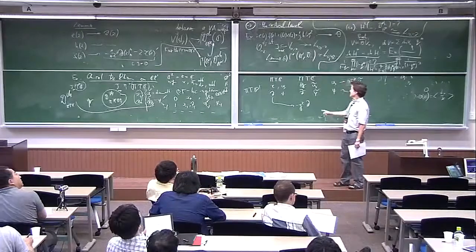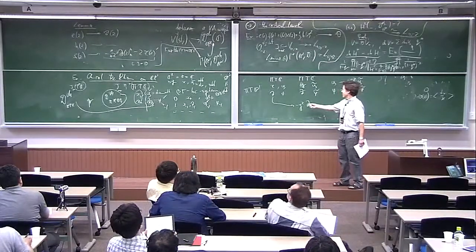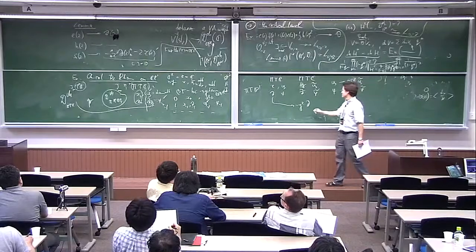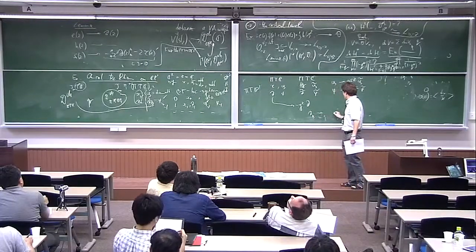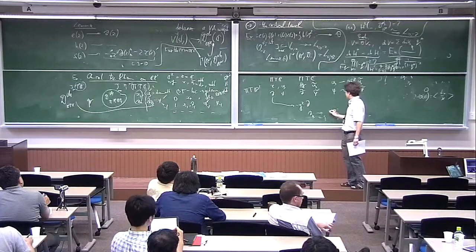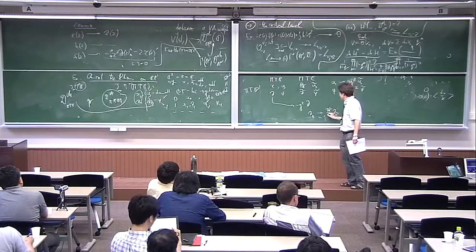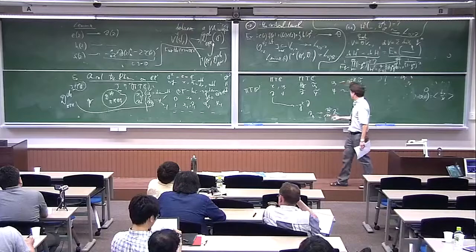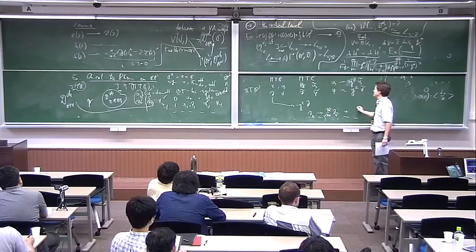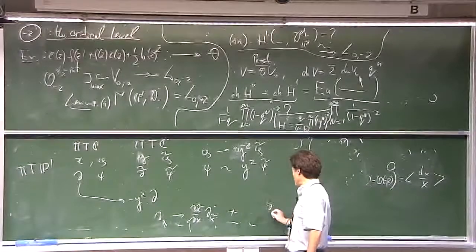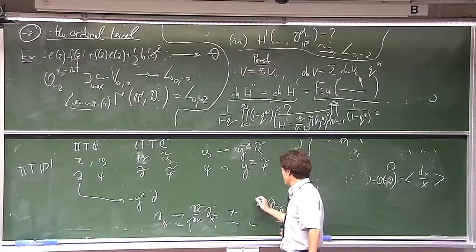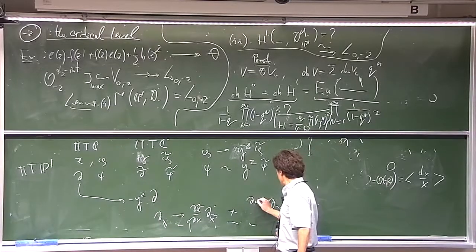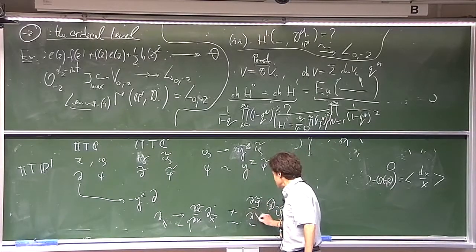So, chain rule. That's outrageously wrong. The chain rule should give you what? d dx goes to d dx tilde d dx, and I've got this term, but there should also be d phi, so d phi tilde, d dx.